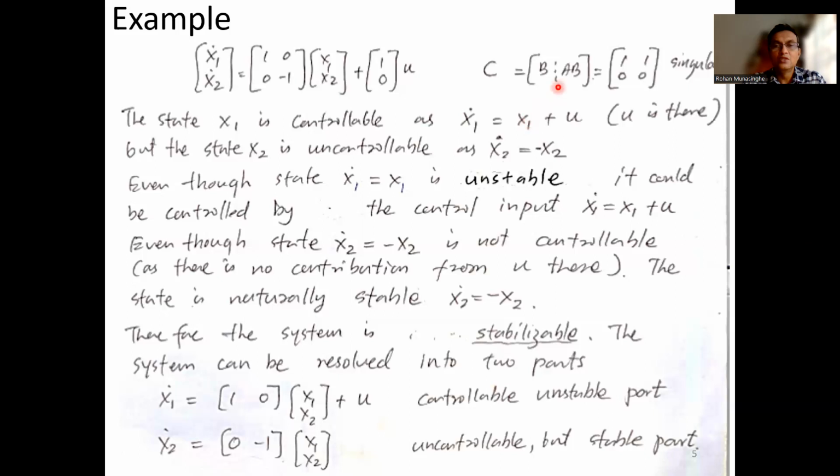Okay, fine. So therefore, the first one is not stable, but there is u there. The control signal is there. So we can do something, even though the relationship is unstable, right? You can intervene and try to stabilize it. Like, for example, the government intervenes in the price of eggs, loaf of bread, whatever.